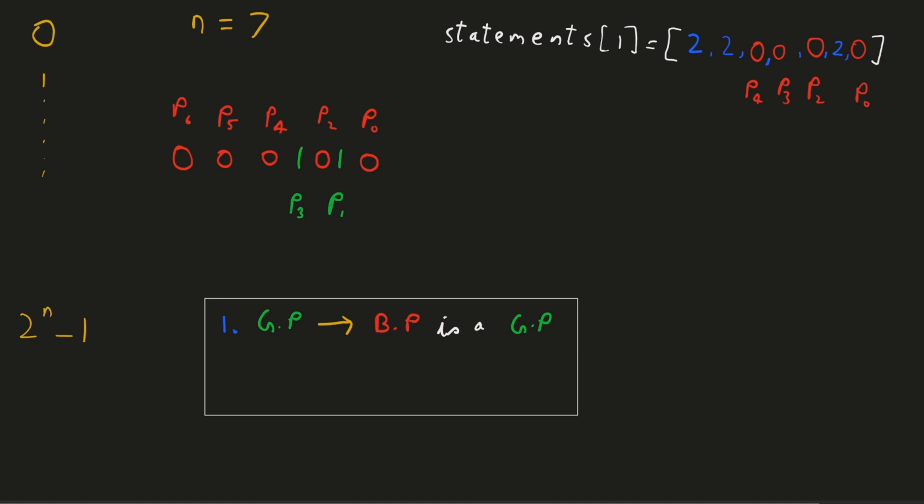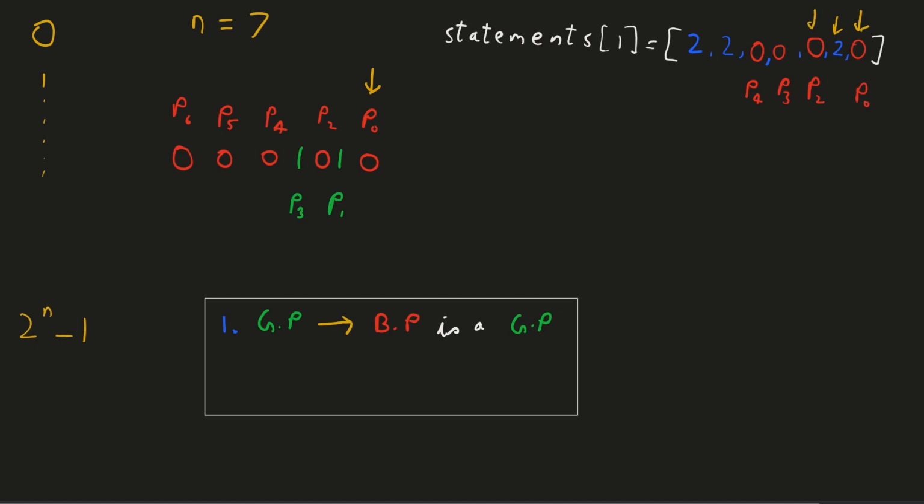Here person 1 has stated that person 0, person 2, person 3 and person 4 are bad people. Now let's check if our assumption is valid or not. He has stated that person 0 is a bad person, which is indeed the case. He has not made any statements about person 1, hence this is valid.